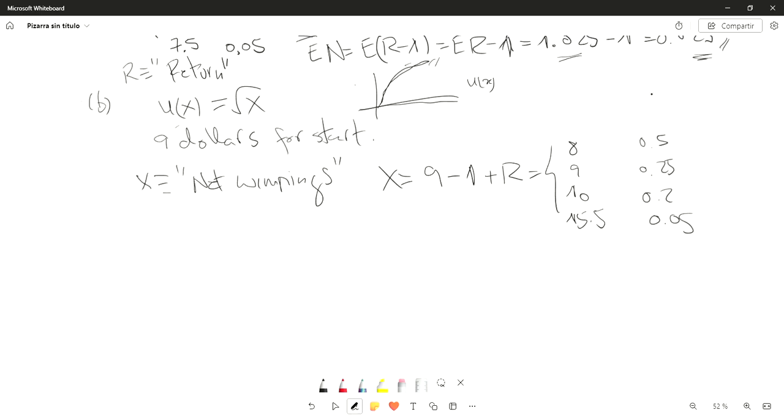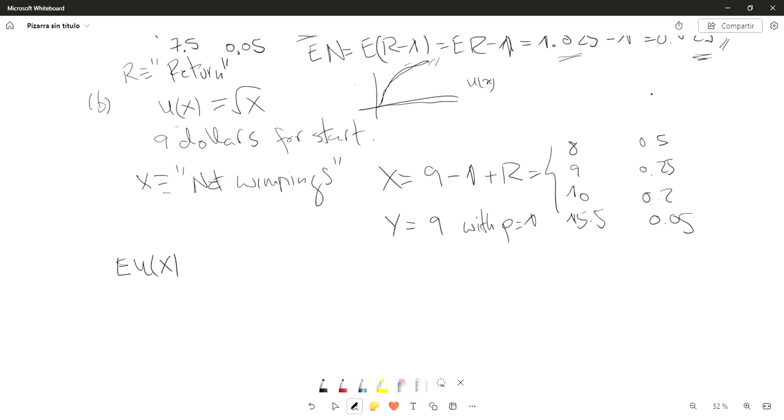So we need to compute the expected utility for x. This will be in the particular case that he plays, but if he doesn't play, he won't lose money, he will just have the value 9 with probability equal to 1.